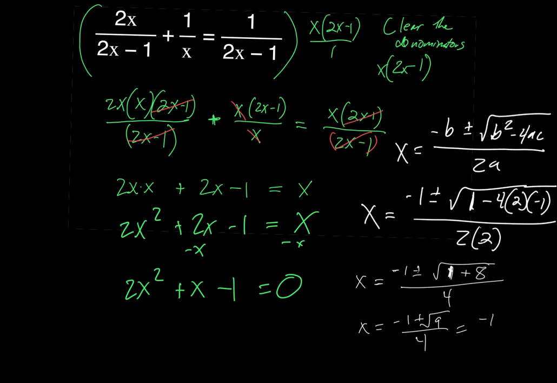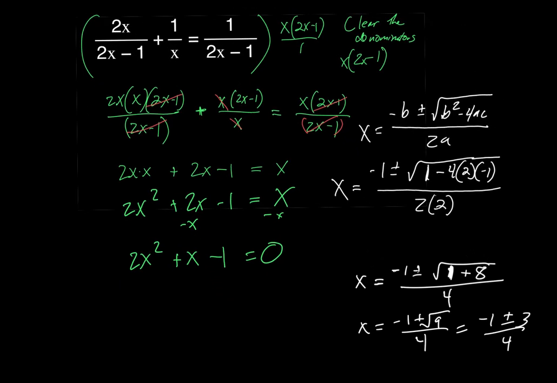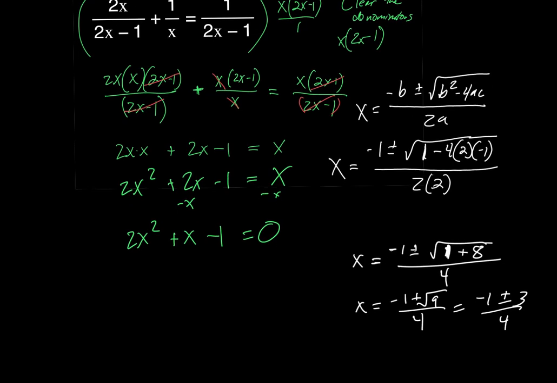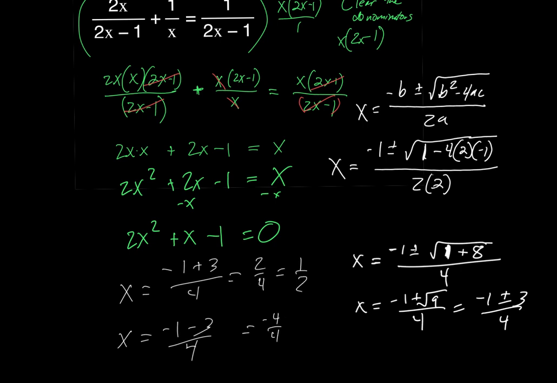So this would be negative 1 plus or minus 3, all over 4. x equals negative 1 plus 3 over 4. x equals negative 1 minus 3 over 4. Those are my two answers.